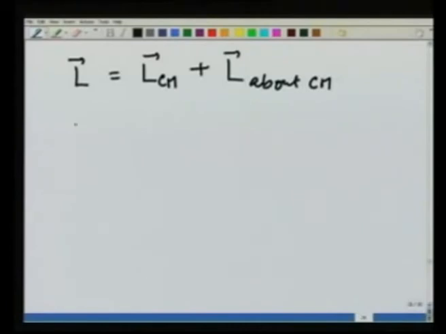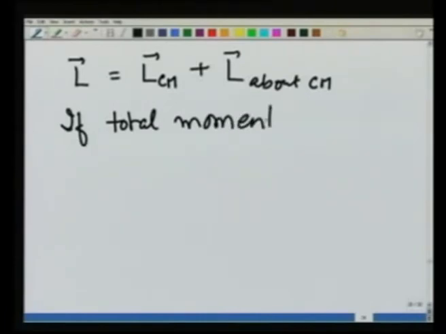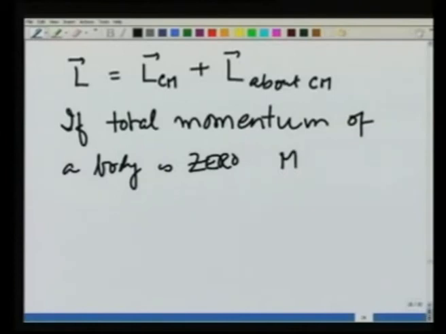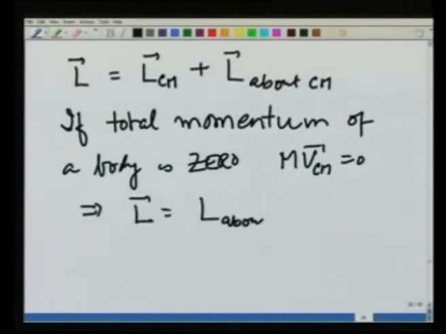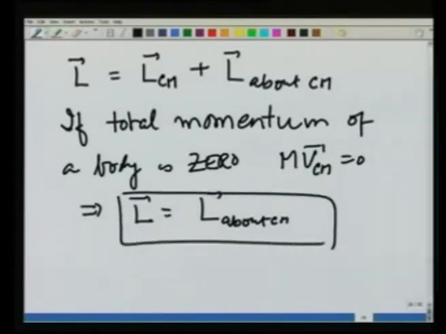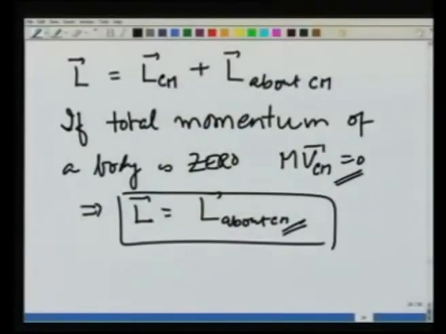And you can see if the total momentum of a body is 0, that is m V_CM is 0, this implies L equals L about CM, and therefore, in that case the angular momentum of the body, no matter where I take it from, is independent of the origin, because this has always come out to be L about CM, but this is only because the total momentum of the center of mass is 0. In general, this is the result.